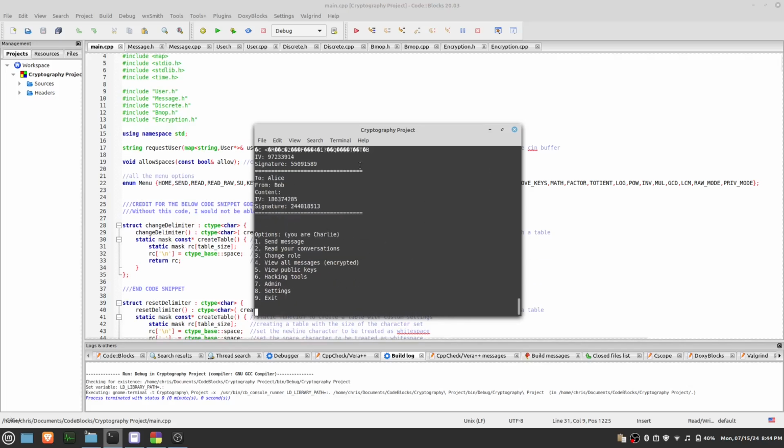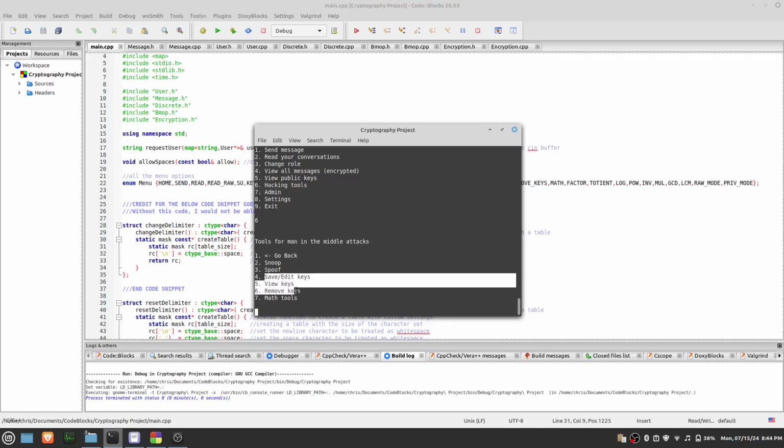But it's all encrypted, and we don't have the decryption keys for either of these. So how do we see what they send each other? Well, we're gonna use our hacking tools. So we have Snoop, Spoof, and then the ability to save and edit keys, as well as a few math tools. We'll get to that in a bit.